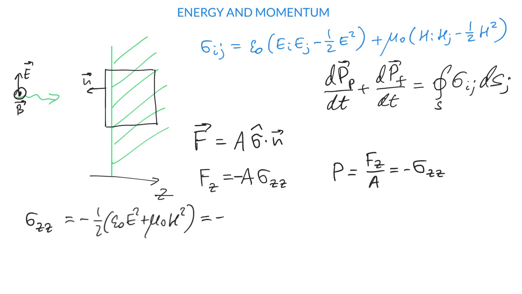So here we have minus U, where U is the energy density. Substituting this back into the pressure, two minuses give a plus. So we'll find that the pressure happens to be equal to the energy density of the incident wave.